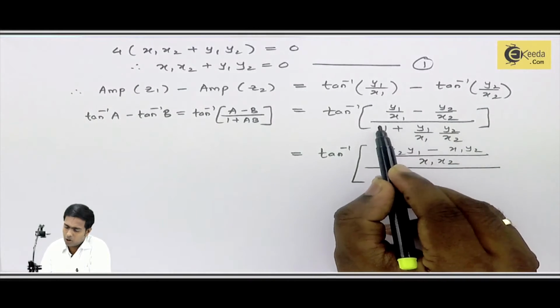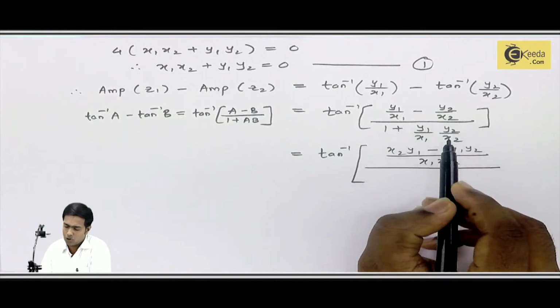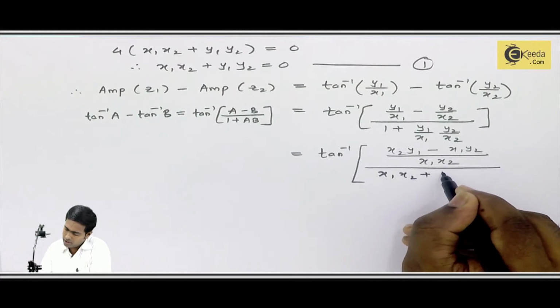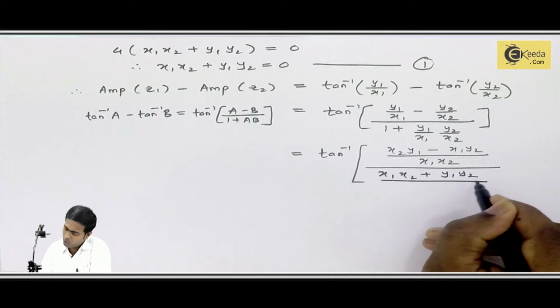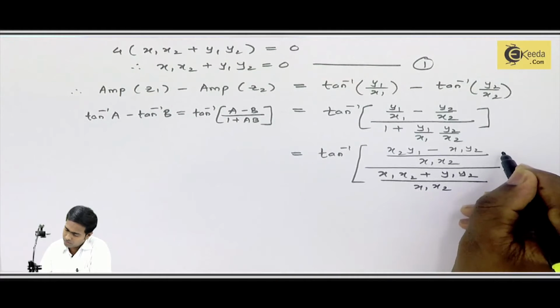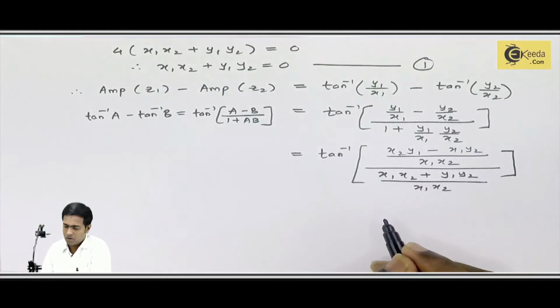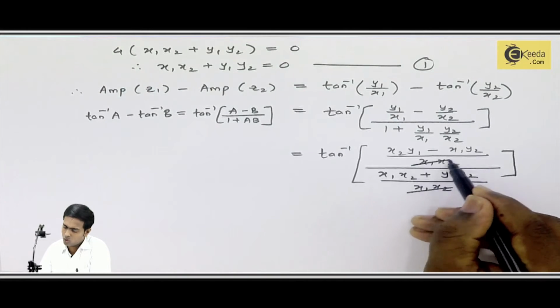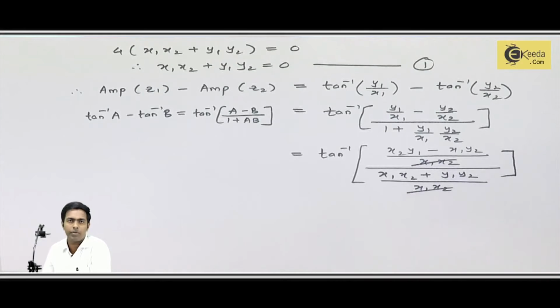Similarly, here in the denominator I will again take LCM so that I will get x1 x2 plus y1 y2 upon x1 x2. Now from this numerator and from this denominator we can cancel x1 x2 and x1 x2 because they are similar terms.